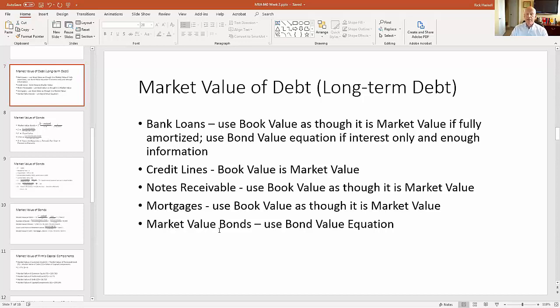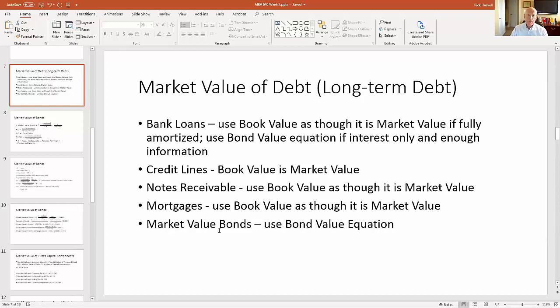I might have a $500,000 loan against my home, and I might call that a mortgage. Well, I got it when my home was worth $700,000. And so clearly, the book value of that loan was at least its market value. And I would tell you that the book value was its market value at that moment in time.